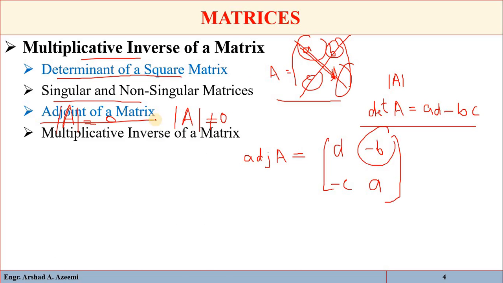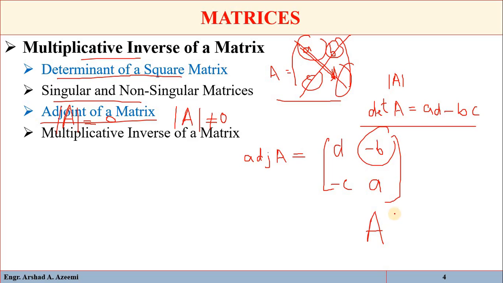Then we have the multiplicative inverse of a matrix. For example, if we have a matrix A which is non-singular, remember A must be a non-singular matrix, meaning its determinant will not be equal to 0.